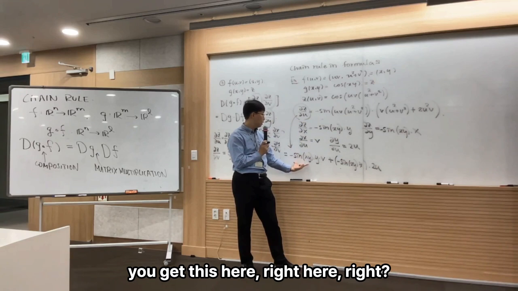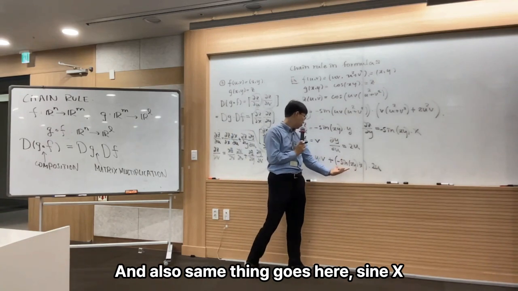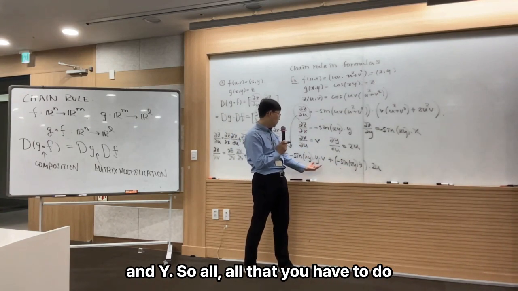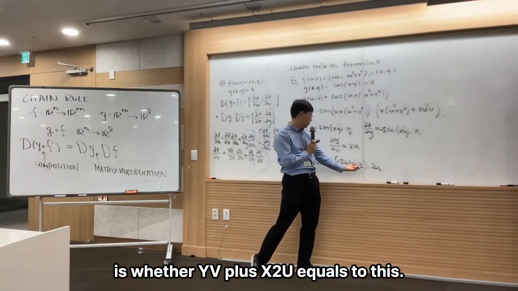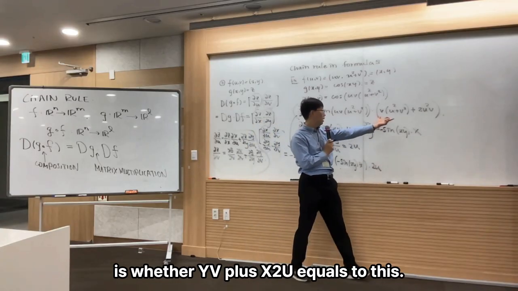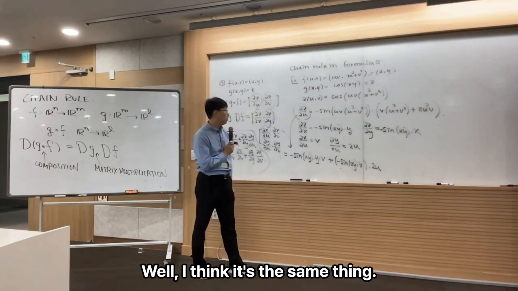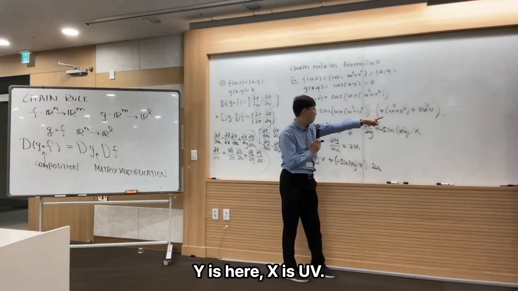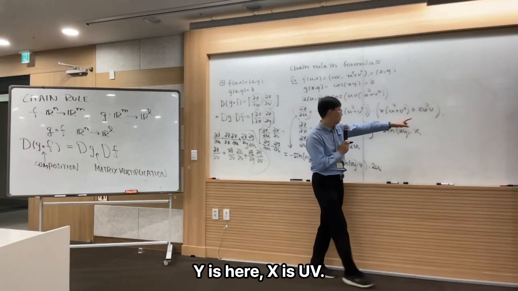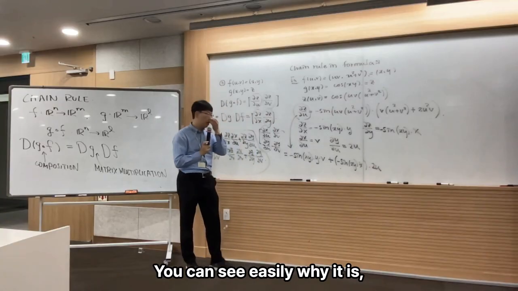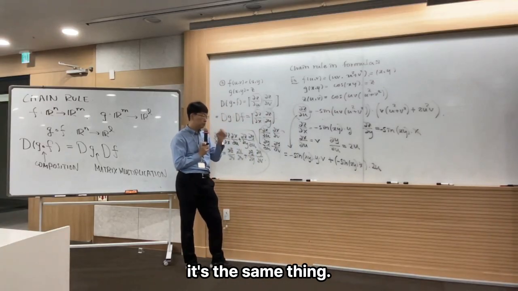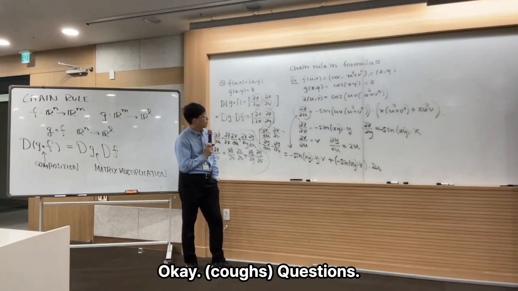And the same thing goes for sine xy. So all you have to check is whether yv plus x times 2u equals this. Well, I think it's the same thing. y is here, x is uv times 2u gives you this, right? You can see easily why this is the same thing. Okay?